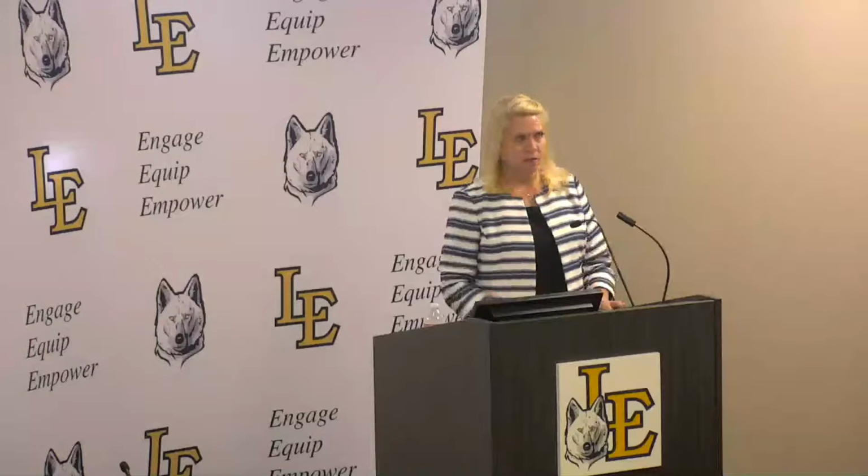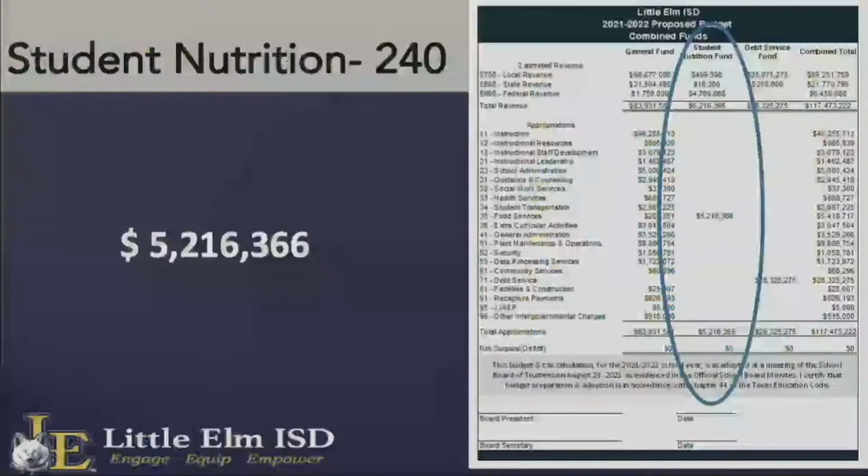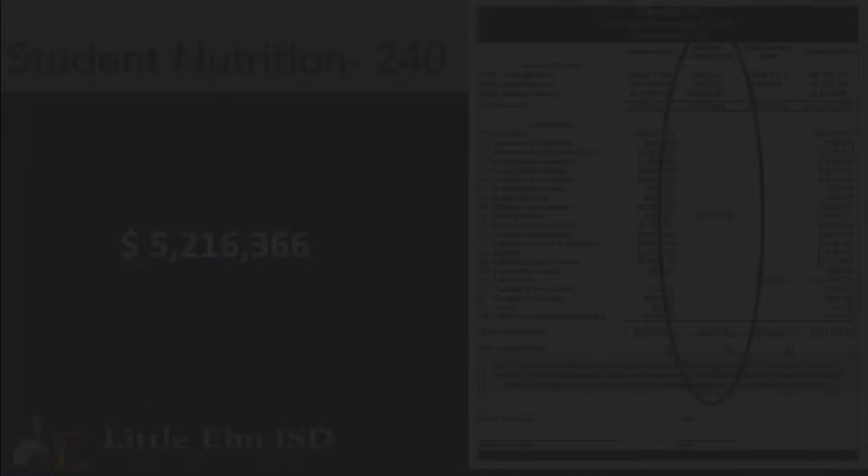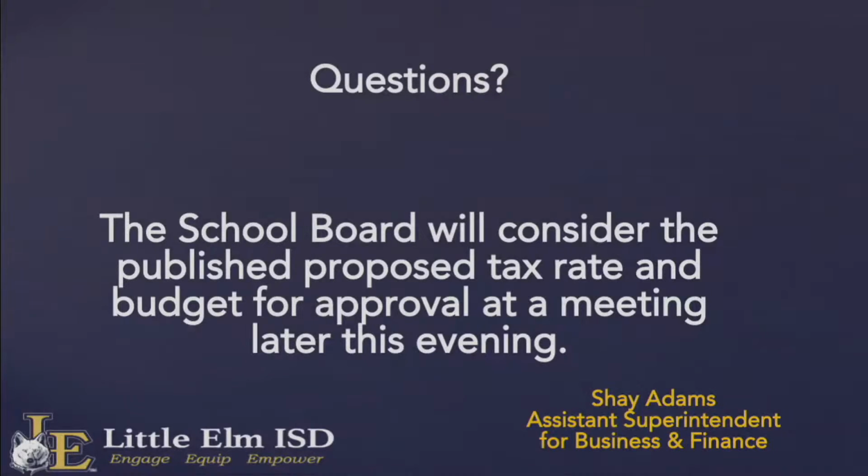The middle portion of your summary sheet on the front is our Fund 240, our Student Nutrition Fund of $5.2 million. That was also included in the compensation plan adjustments that you approved earlier in the year on July the 19th. That was a whole lot of words, but I'm done. If you have any questions, I'll first take questions from the board.